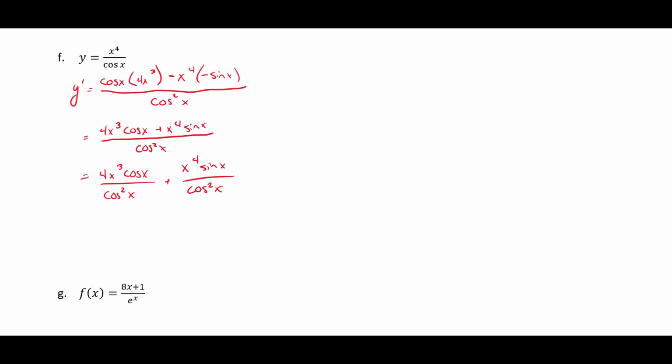And now hopefully you're starting to see some stuff that you can simplify, right? What's cosine x over cosine² x? So that's 4x³ over cosine x, plus sine over cosine x, we know is a tangent, so plus x⁴ tangent x over cosine x, right?